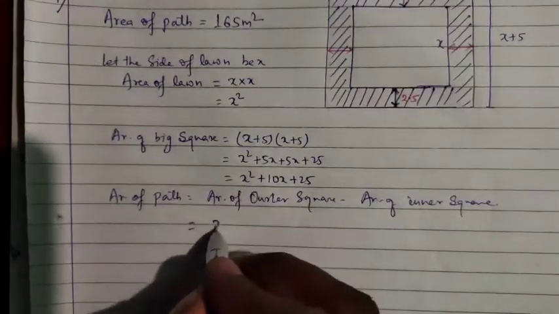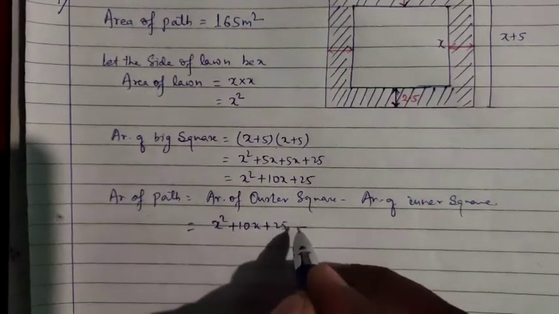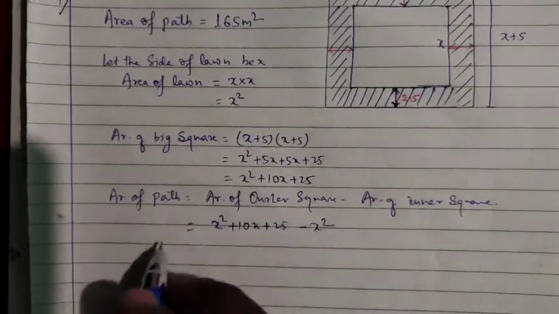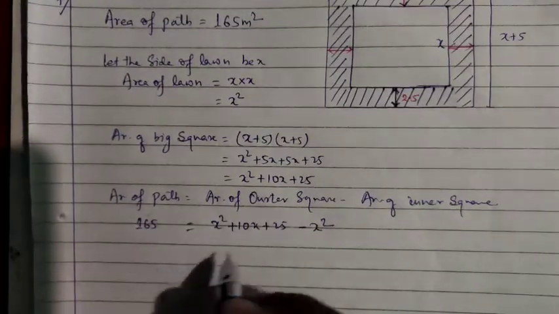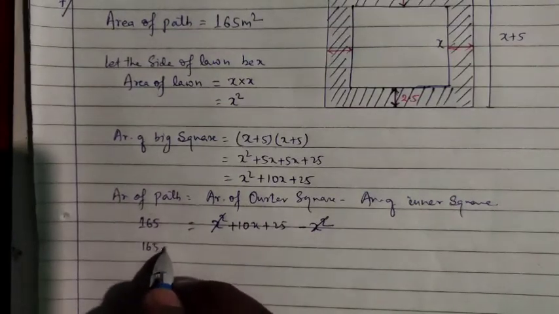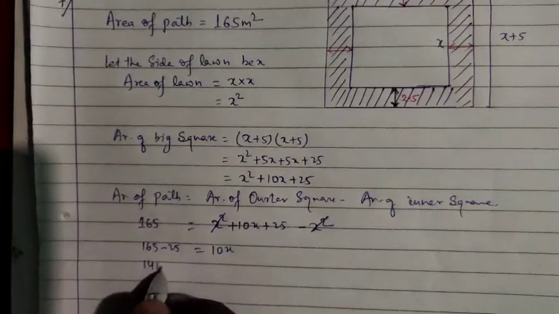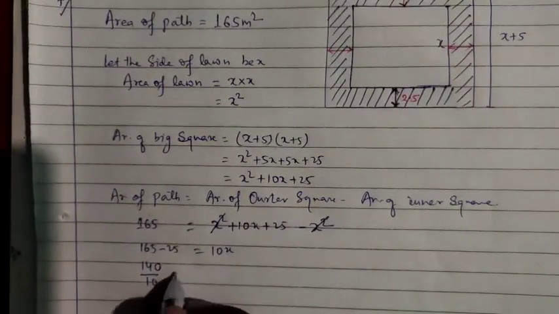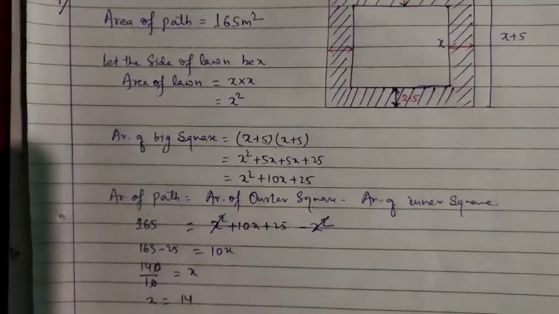Area of outer square we have calculated, x square plus 10x plus 25, minus area of inner square, x square, and the value of it is 165 meter square. X square cancelled, this 25 will come. 165 minus 25 is equal to 10x. It will give us 140, and this 10 will come this side. 140 by 10 is equal to x. It means that the value of x is equal to 14.